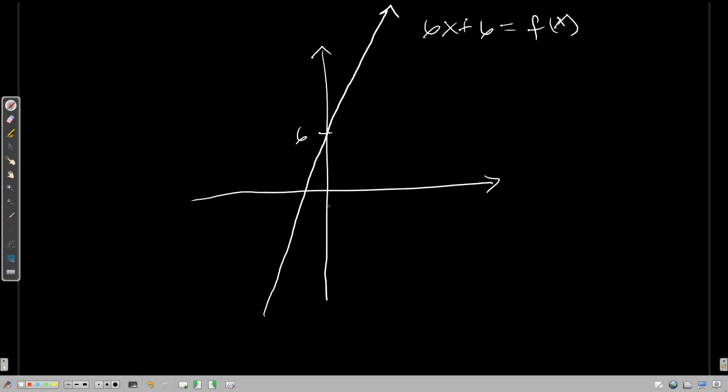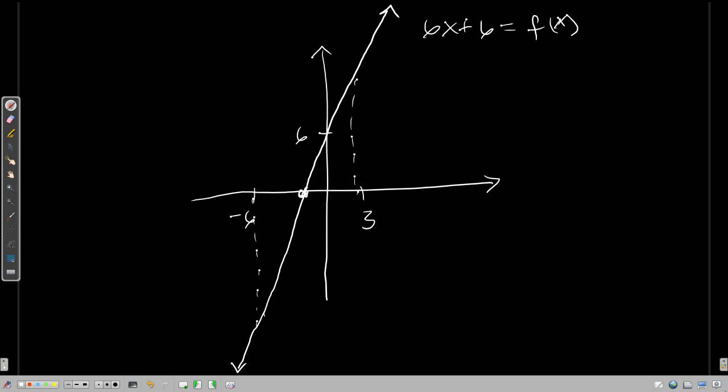And they want to know what's going on between minus 6 and 3. Well, 3 would be like right there, and minus 6 I guess would be like right there. And they want the total area.